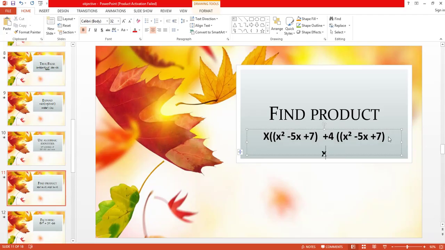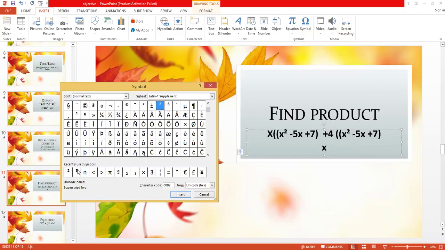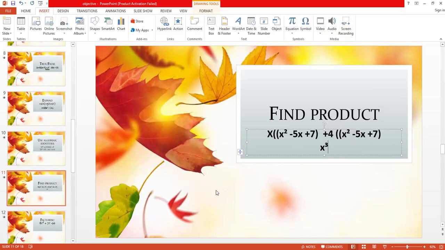So we have to write x cube. Look here. So x multiplied by x squared is equal to x cube.